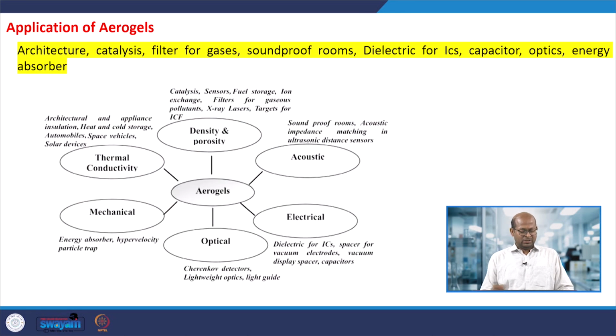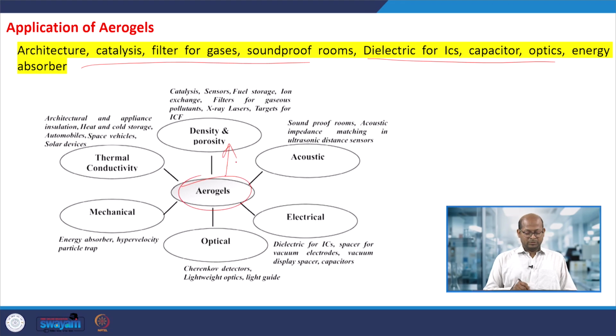Okay, so some other applications, or the details of different applications of these aerogels: because of the catalytic property, we can also use these materials as catalyst support materials. Sensor material, fuel cell applications, filters for gaseous pollutants, so many places we can use these materials.